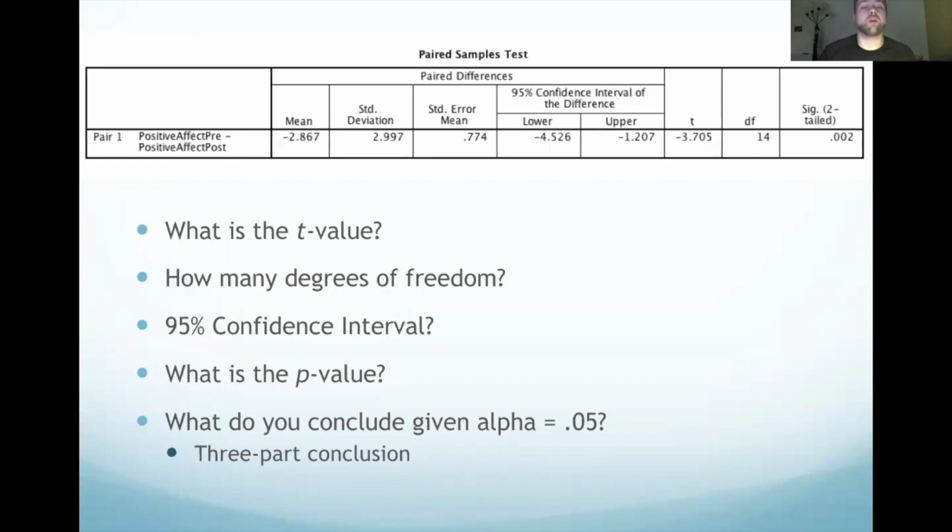That's a good sign. That means we have significance. We also see our p-value is super low over here. As you can see, our p-value is very low. It's 0.002, which of course is lower than 0.05.